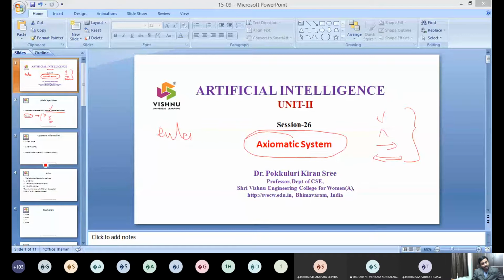So whatever discussions were done yesterday and the day before yesterday is the first version of axiomatic system, called the natural deduction system. Natural deduction system is a system which does not have any constraints on the number of symbols and the number of rules applied, whether it is a bijection or implication, whatever it may be.